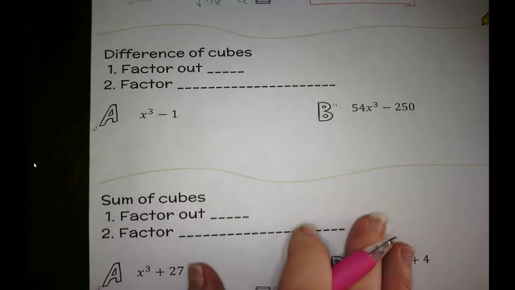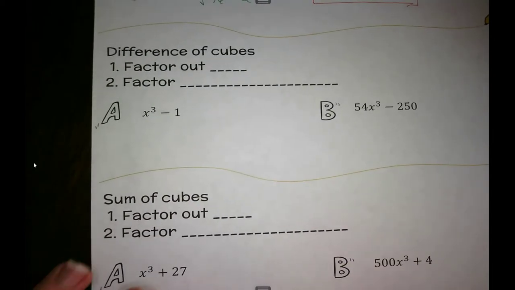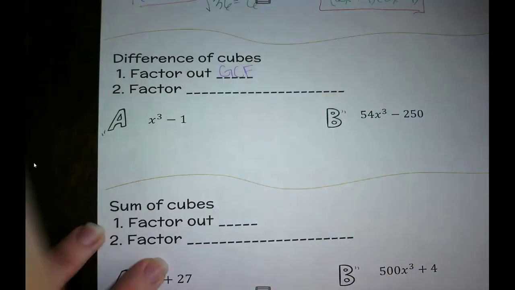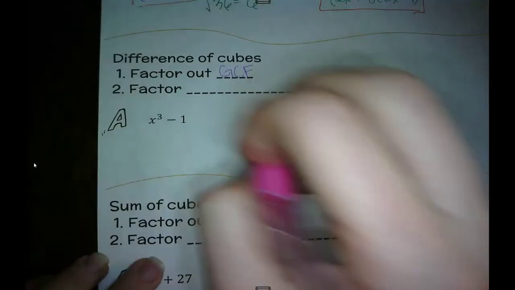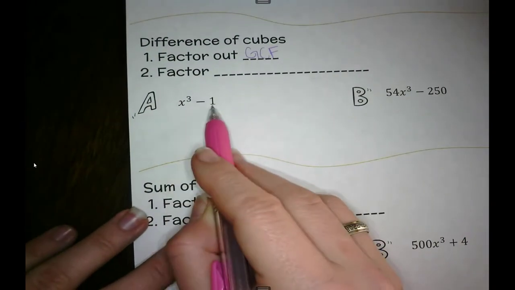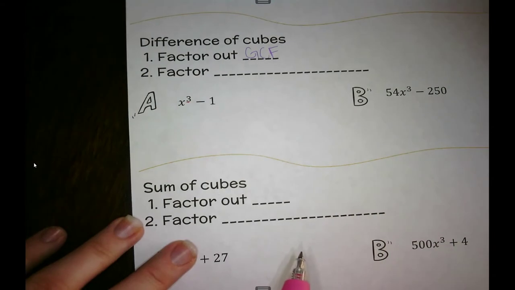Okay? Let's look at the difference of cubes. So our steps are going to be similar. We're going to start off factoring out the GCF if there is one. And then this is going to look like this, where again we only have two terms. This time this one is a cubed.